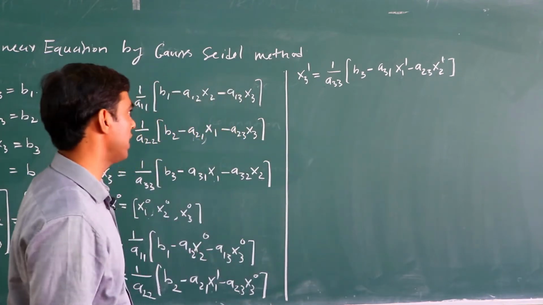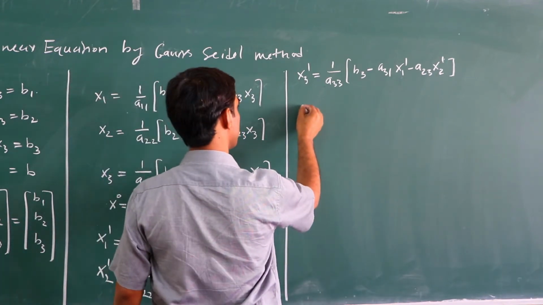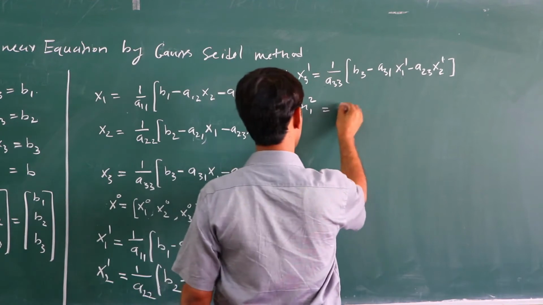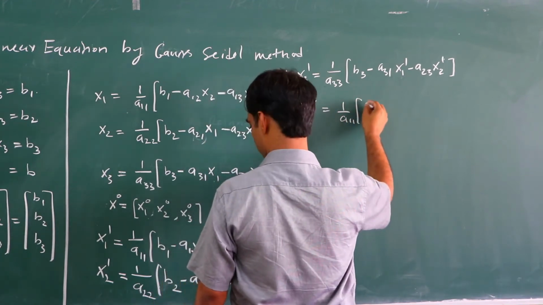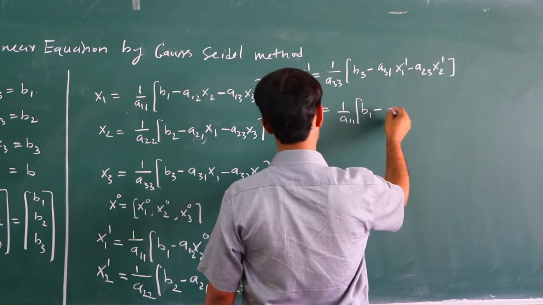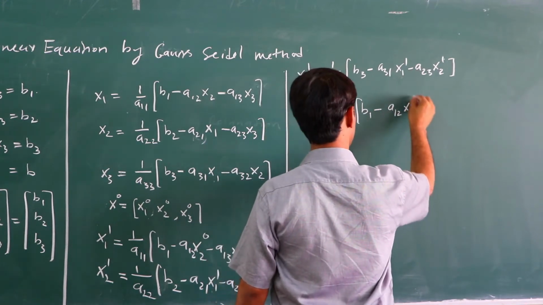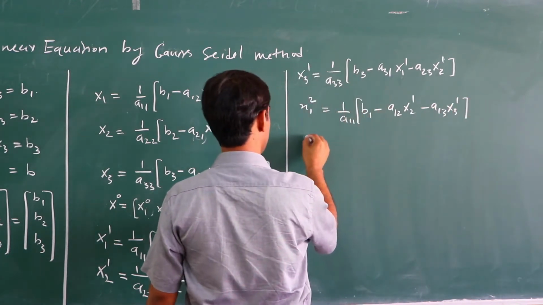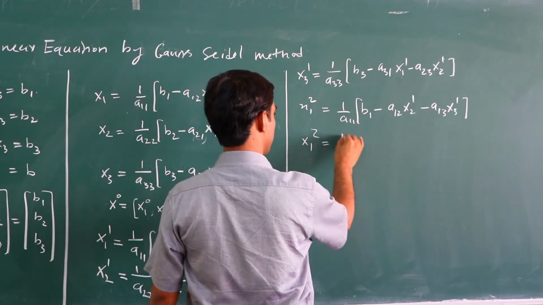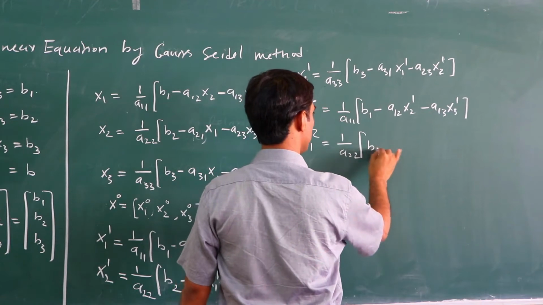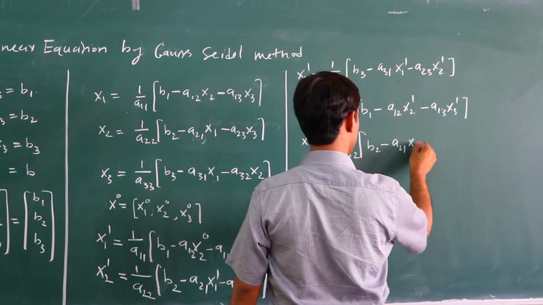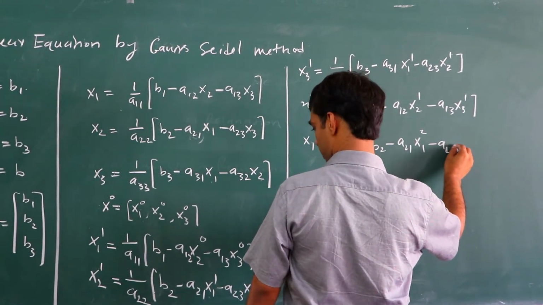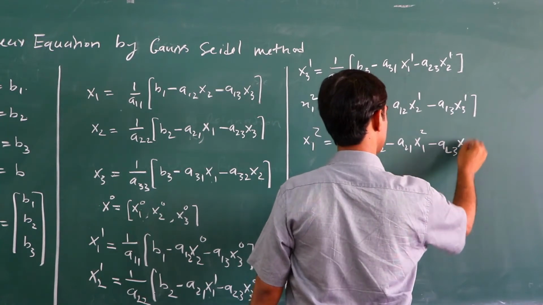Now, in the second iteration, what will happen? This one is the first iteration. In the second iteration, x12 equals 1 upon a11 times v1 minus a12 x21 minus a13 x31, and x22 equals 1 upon a22 times v2 minus a21 x12, the new value of x1, minus a23 x31.